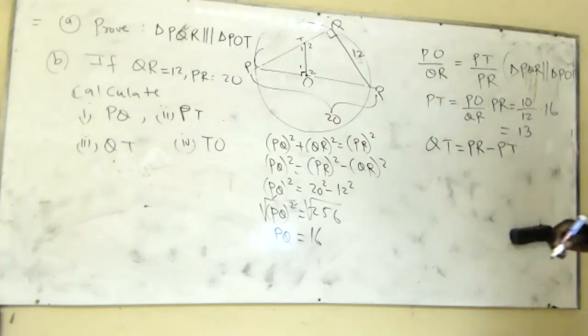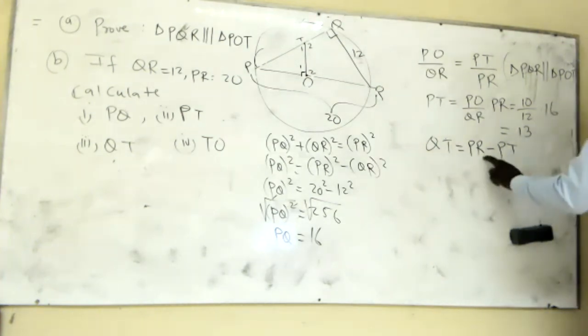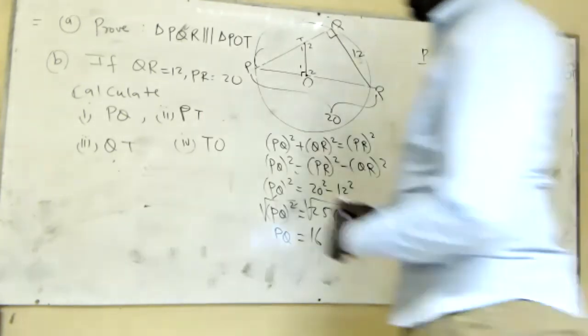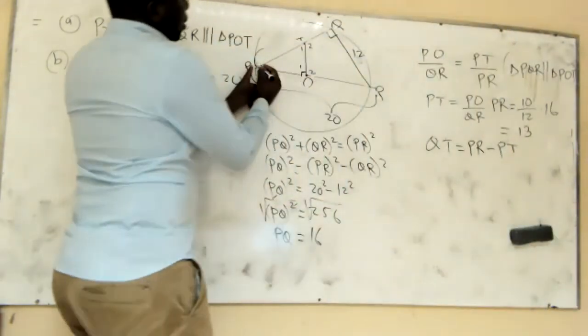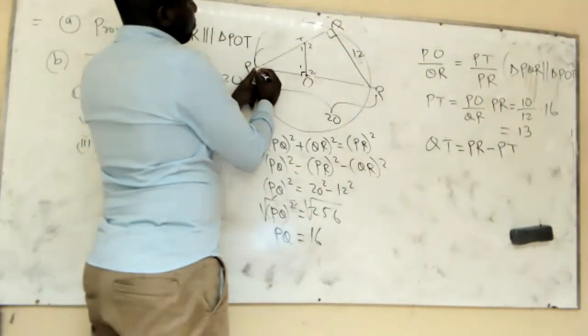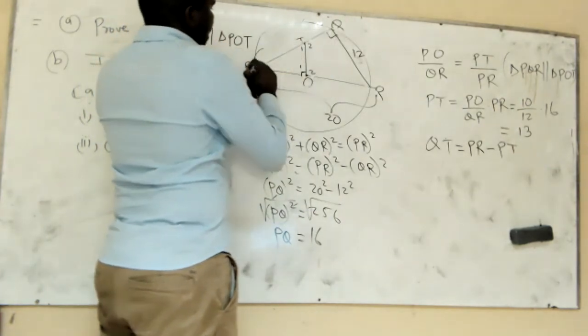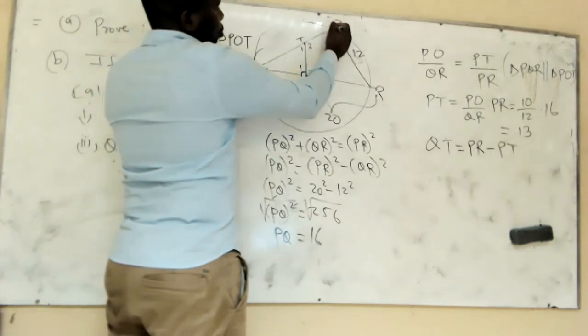Do you agree with me? QT is equal to PR minus PT. I don't understand. Okay, it's coming from here. I said PT plus TQ is the same as PQ.